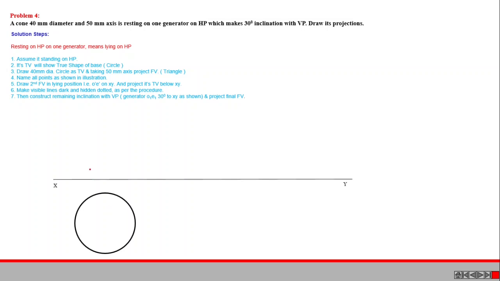If that cone is resting on HP with its base on HP, then in top view the shape of the cone must be a circle.